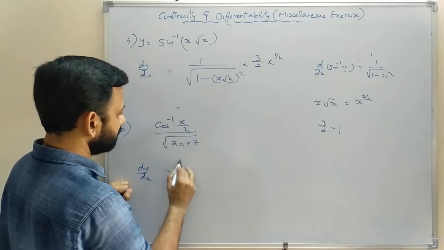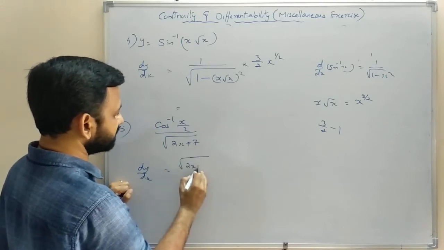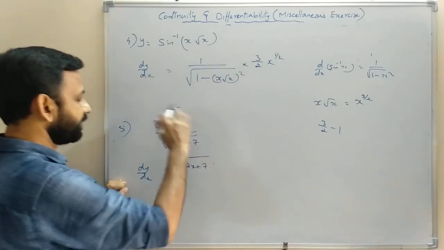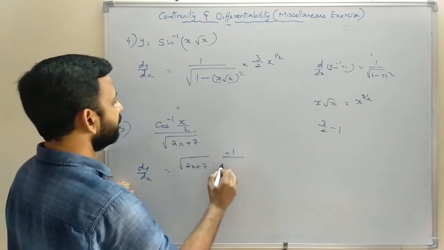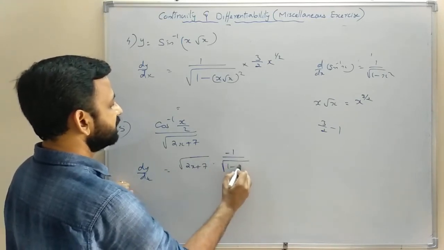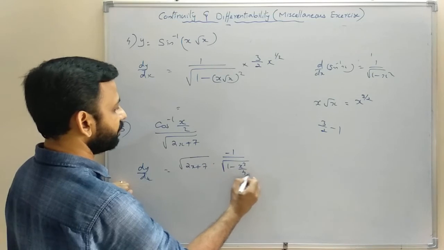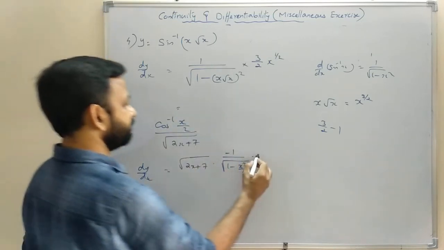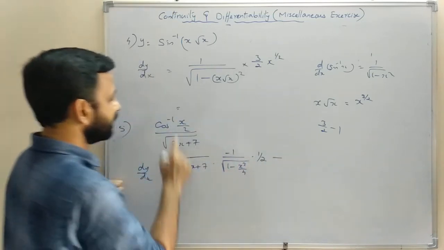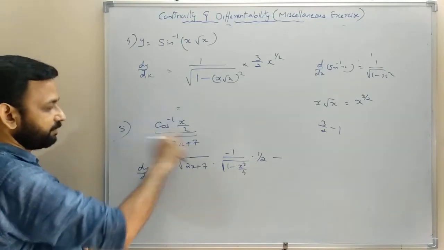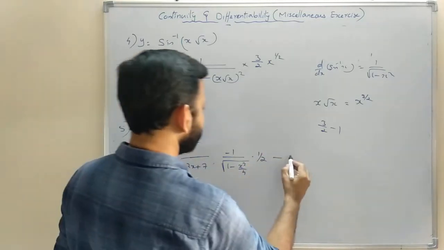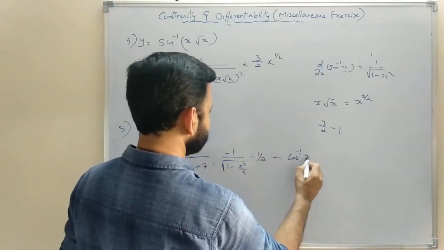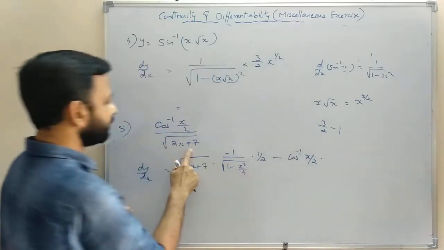Square root of 2x plus 7, the denominator, into the derivative of the numerator, that is minus 1 upon under root 1 minus x square by 4 into the derivative of x by 2, that is 1 by 2, minus numerator into the derivative of denominator.